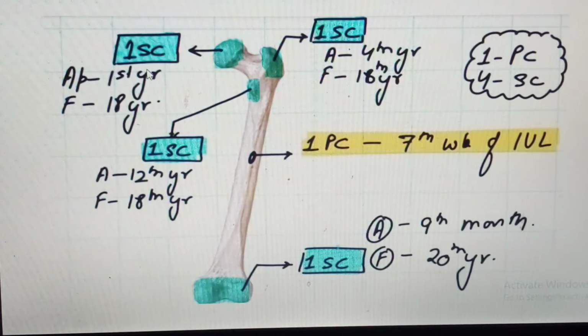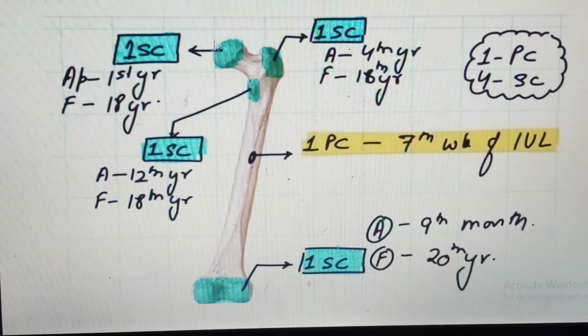Then we also have one on the greater trochanter, which appears in the 4th year. And then we are going to have one on the lesser trochanter, which appears in the 12th year of postnatal life. So 1, 4, 12. But the surprising thing is that all of them tend to fuse around the same time, around the 18th year of postnatal life. So that is what we are going to see over here.